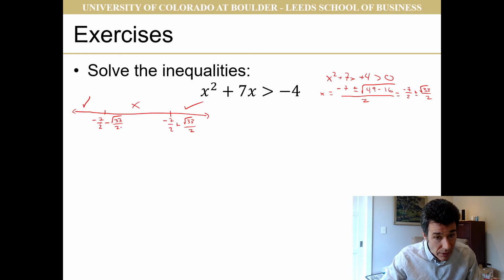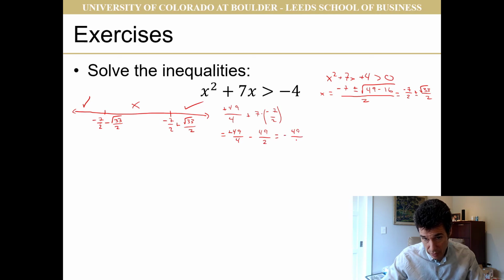And we can, if we're very careful and clever, like for example, put in negative 7 halves. We'll find negative 7 halves, this is negative 49 over 4 plus, oops, not negative, positive 49 over 4 plus 7 times negative 7 halves, which is positive 49 over 4 minus 49 over 2, which is negative 49 over 4.